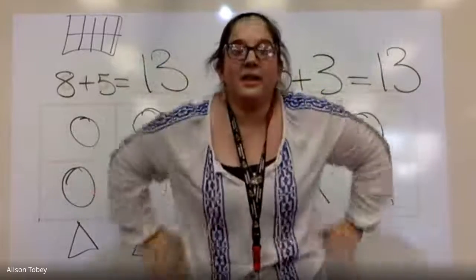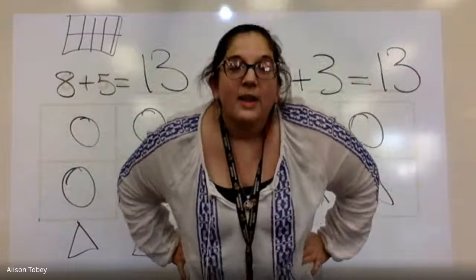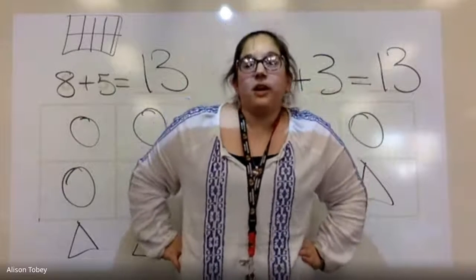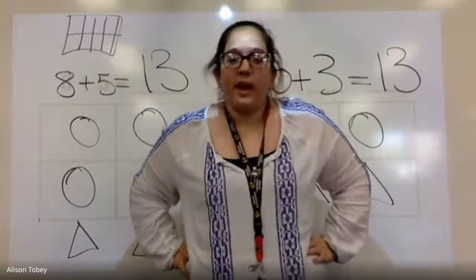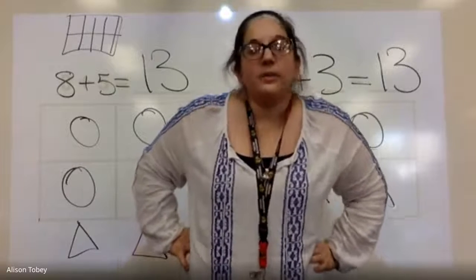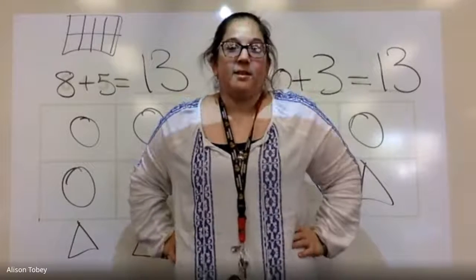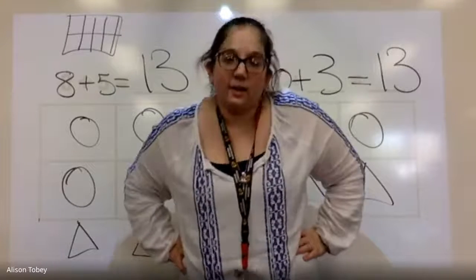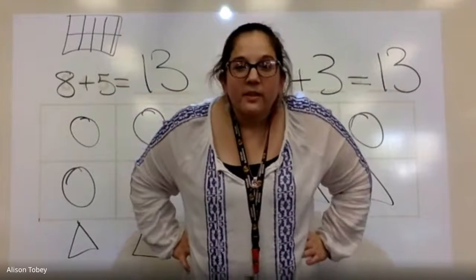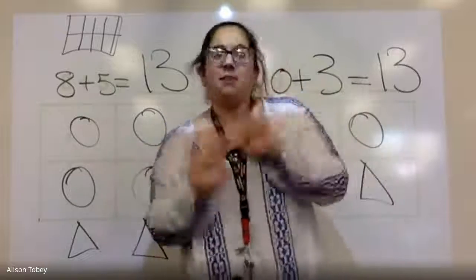I'm going to give you a minus. Ooh. 6 minus 3 equals 0. 6 take away 3 equals 0. No way, Jose.